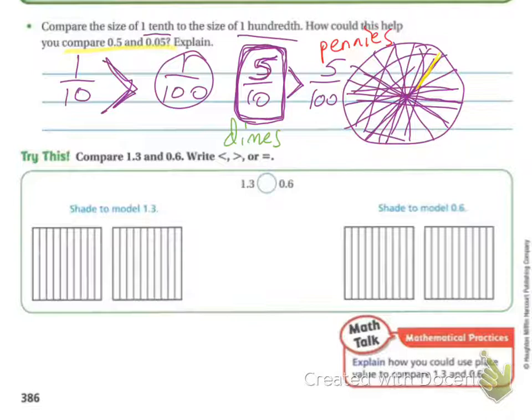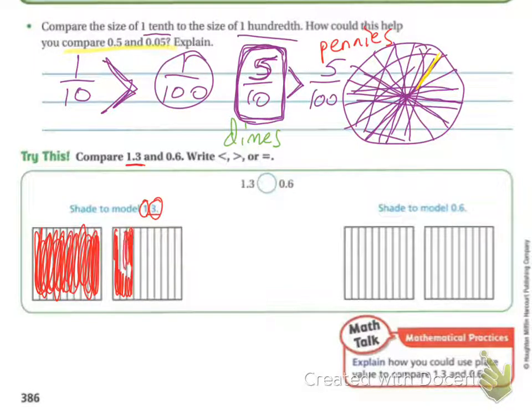And then let's continue down on try this. Compare 1.3 and 0.6. Right, less than, greater than, or equal. So 1.3, let's shade it. One whole means we need to color in one whole square. That's one whole. And this is 3/10. So we're going to do 3 of these.